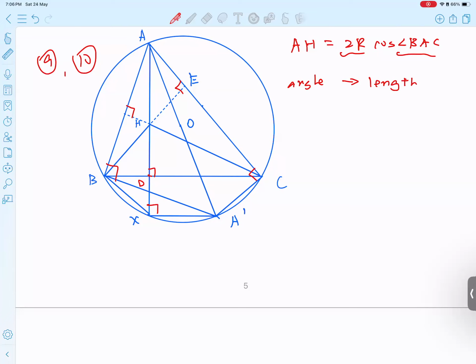So I have R cosine BAC. So why don't I try BO? You have these ideas and you try to play around with them, and you find out BO is equal to R. And for cosine BAC, if you drop M, the midpoint, you find that angle BOM is actually equal to angle BAC.